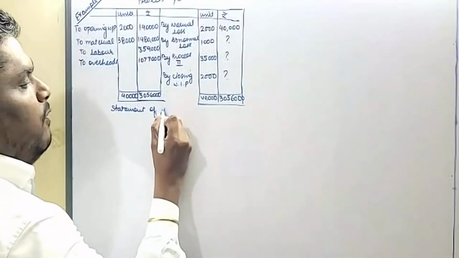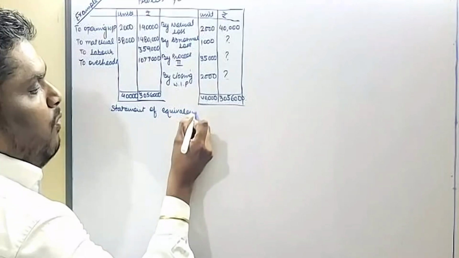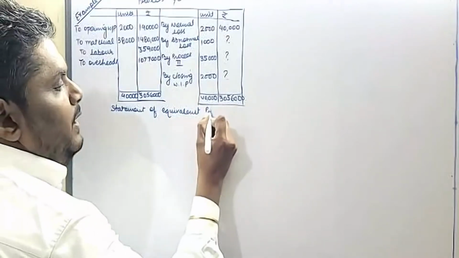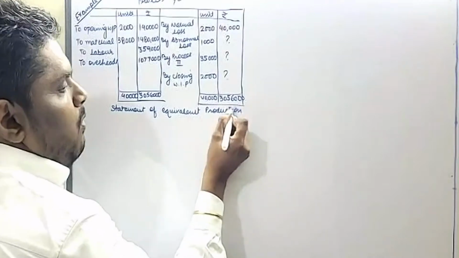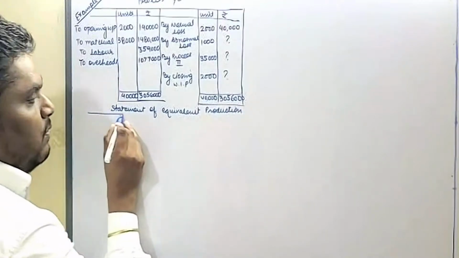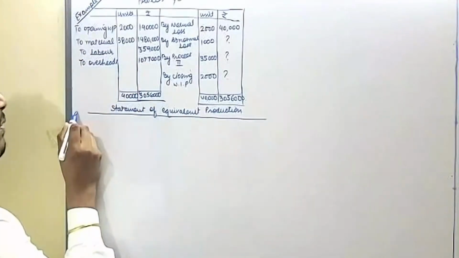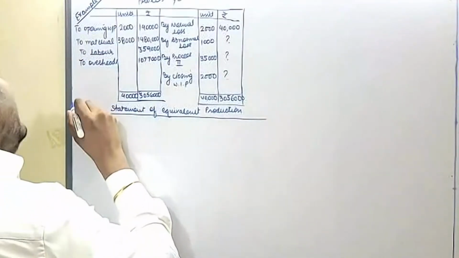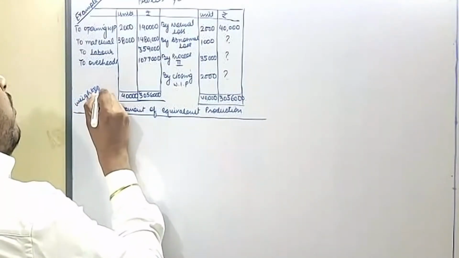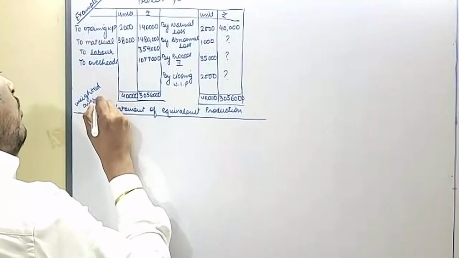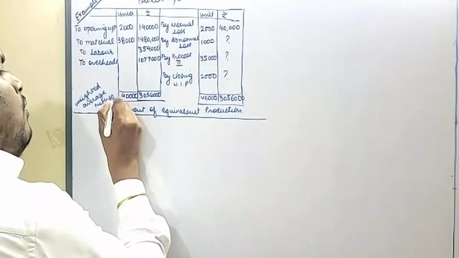Statement of equivalent production. I'm solving using weighted average method.